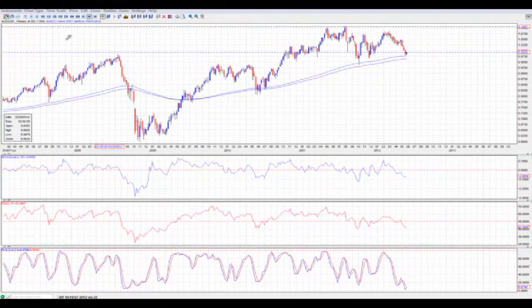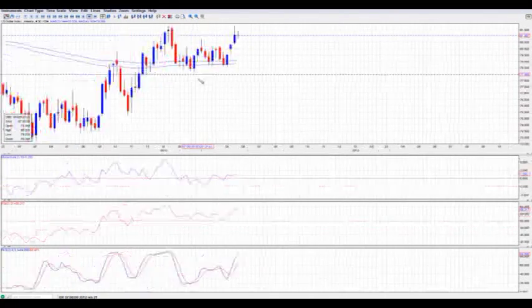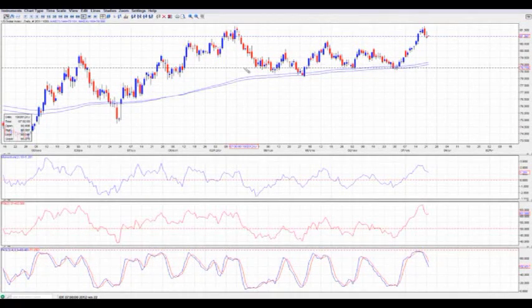Okay, I would like to continue and share with you some other examples just to make sure you understand how to draw your lines. Check the dollar index. The dollar index can provide you some indication about the dollar status in the world, whether it's going to be strong or weak. If the dollar index goes down, the dollar will be weak, meaning euro dollar, Aussie dollar, Kiwi dollar, British dollar will go up.